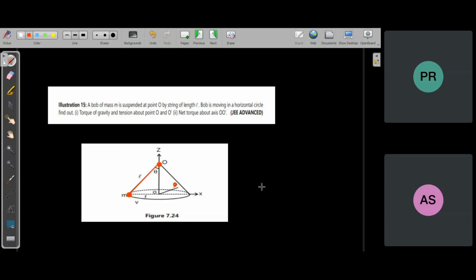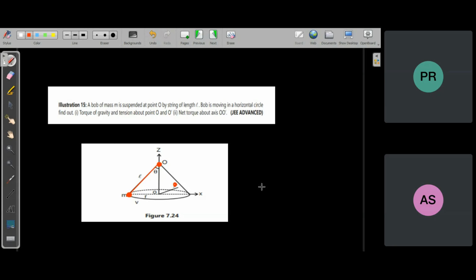What is a conical pendulum, sir? Generally what is meant by conical pendulum? A conical pendulum is simply a bob connected by a string, a small mass connected by a string, and the mass is moving in a horizontal circle.